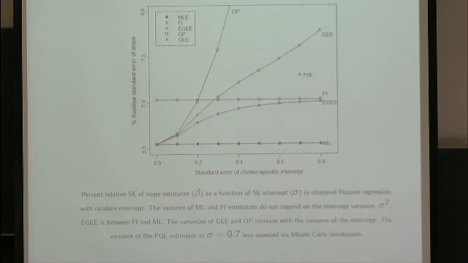When you use exact GEE, you compute the covariance matrix for Poisson regression using analytical techniques. This is a fixed intercept, so you simply assume that your intercepts are fixed values, like a dummy variable approach. Right here is regular GEE, assuming equal correlation structure, and you see GEE is terrible.